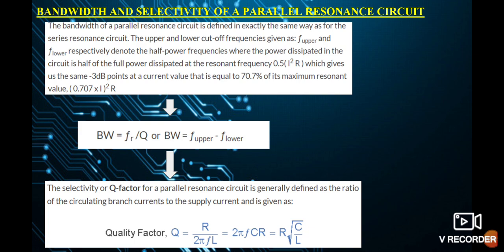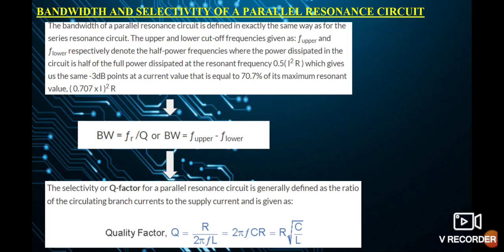Now for calculation of power, we know that according to the maximum power transfer theorem, maximum power will be delivered when it has a value of half I square R, which gives us a minus 3 decibel value, that is equal to 70.70% of the maximum resonant value. For calculating bandwidth, we use the resonant frequency and quality factor as parameters.